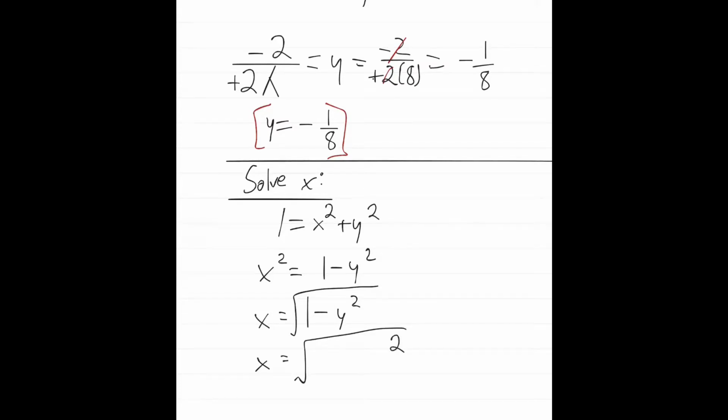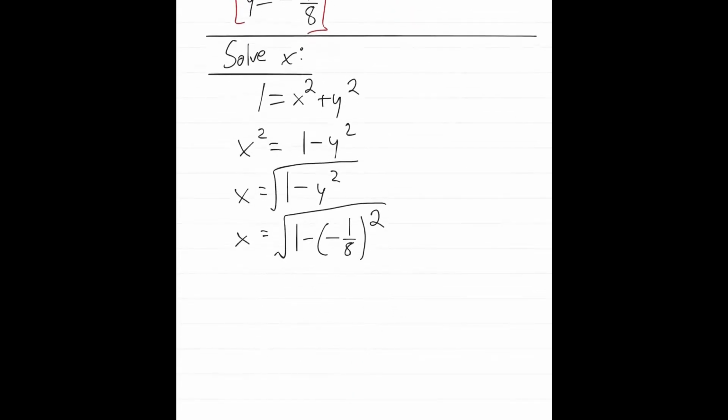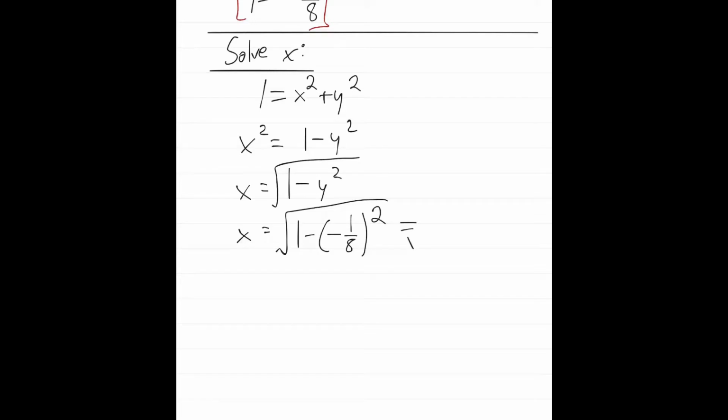So therefore x is equal to the square root of 1 minus negative 1/8 squared. When we square the 1/8, we get a positive value because squaring will always give us a positive value. So we know that it is 1 minus 1 over 64.